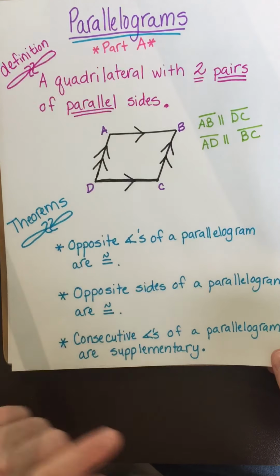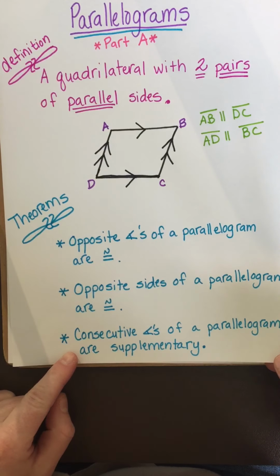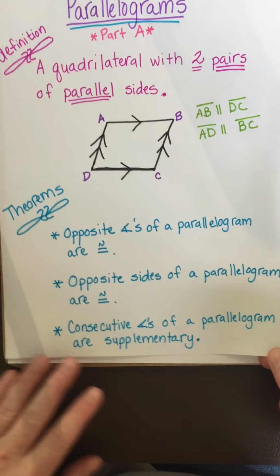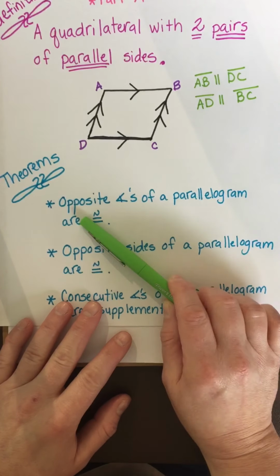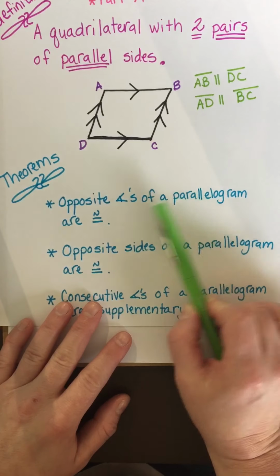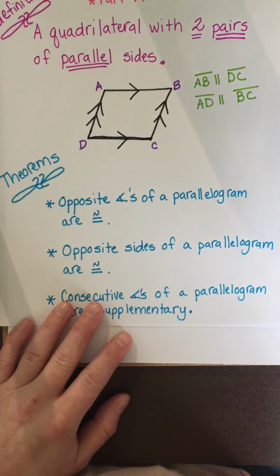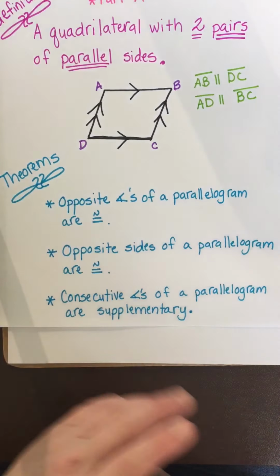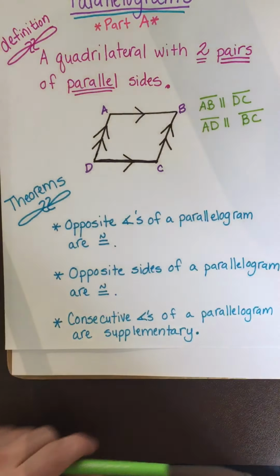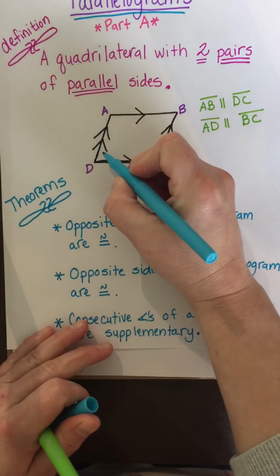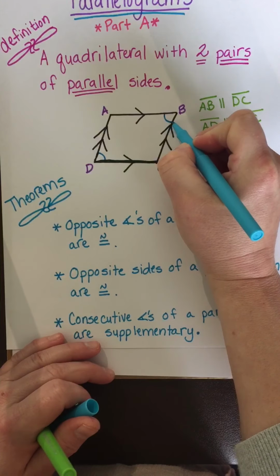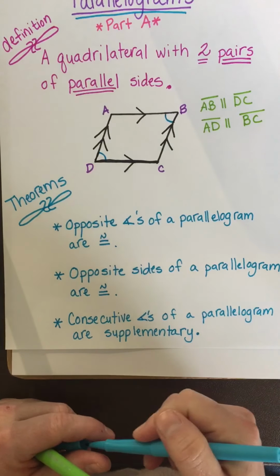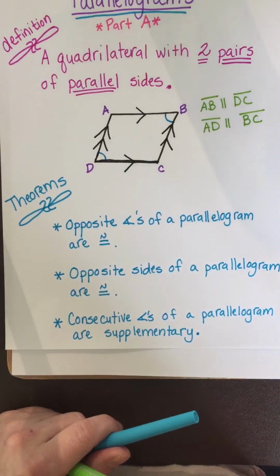All right, so we've got 3 theorems that we need to look at for parallelograms for today's lesson. The first one says opposite angles of a parallelogram are congruent. So what that means, when I go back up here, is that angle D is the same as angle B. Those two angles are congruent.